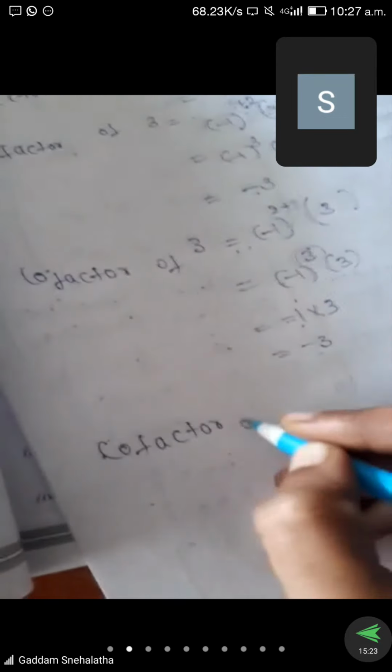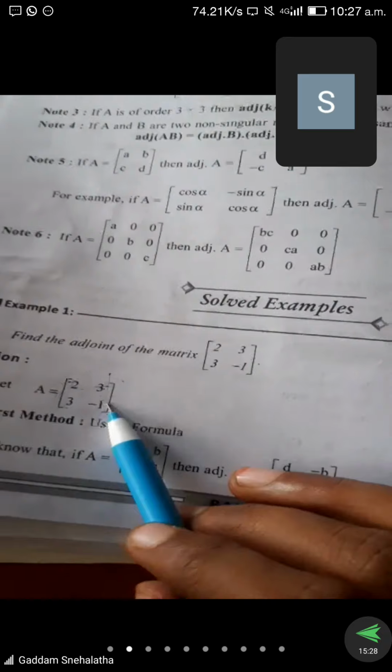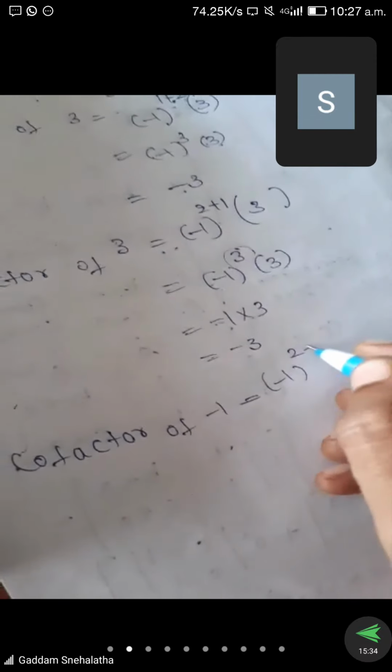So next, cofactor of the last, minus 1. So cofactor of minus 1 is equal to, so this minus 1 is in which row, which column? Second row, second column. So that's why minus 1 whole to the power of 2, second row, plus 2, second column, into.